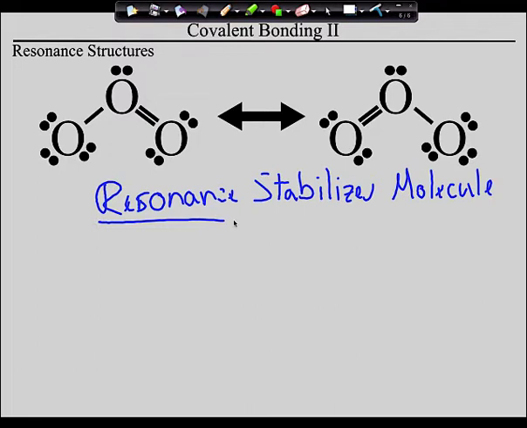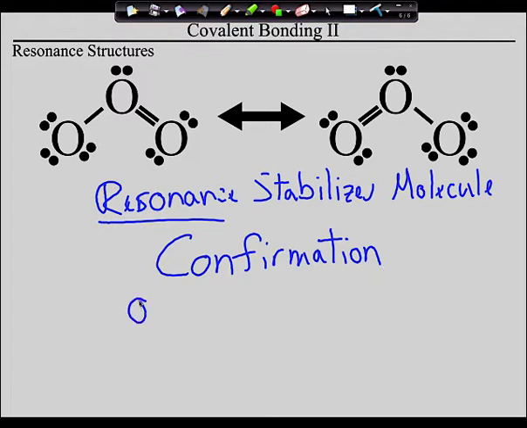Now, when we talk about resonance, we give names to each one of these structures, and these are what are called conformations. Or you could also call them resonance structures. Those two terms can be used interchangeably.